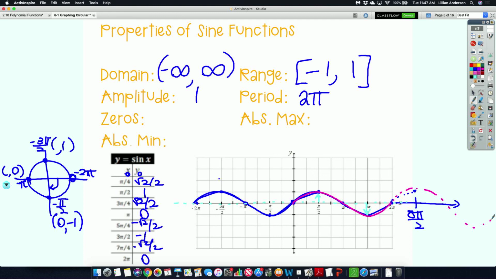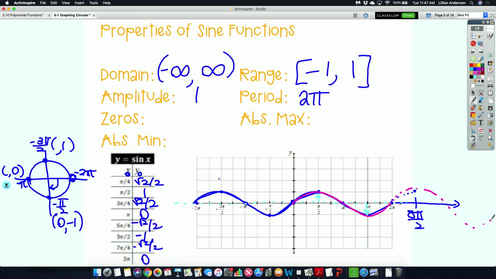Zeros. What's another word for zeros? X-intercepts. Now, unlike a polynomial function where you may have 1, 2, 3, or 4 x-intercepts, because this goes on and on and on forever in both directions, we're going to have a lot of x-intercepts. There's no way that you can physically write down every single x-intercept individually, but you can represent it generally.